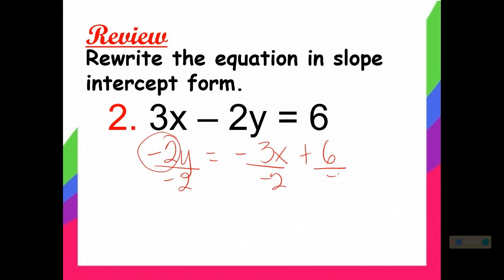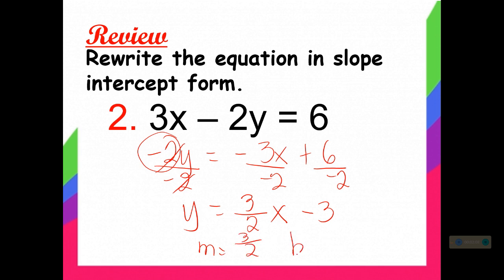So that we have here on the left side y equals, because you are going to divide, this will be 1. Okay, so you will be left with y. So again, we have here y equals, so negative 3x divided by negative 2 is positive 3 over 2x. Then positive 6 divided by negative 2 is negative 3. So our m here is 3 halves. And our b here is negative 3.